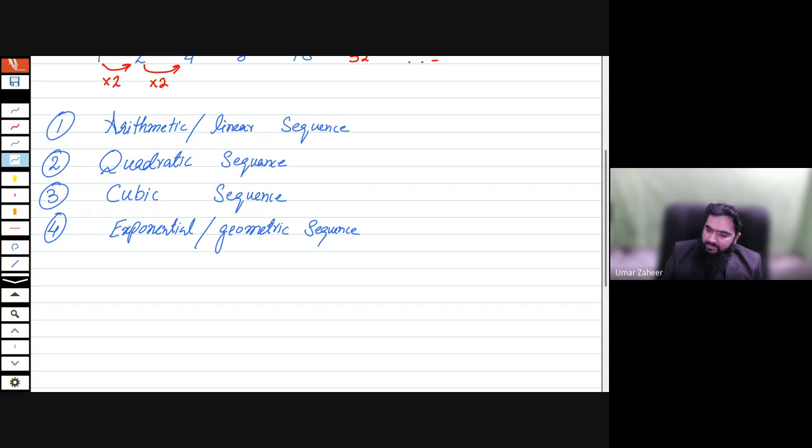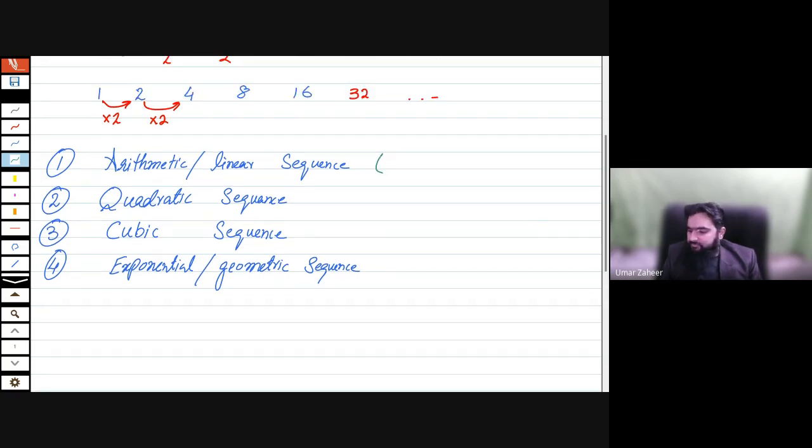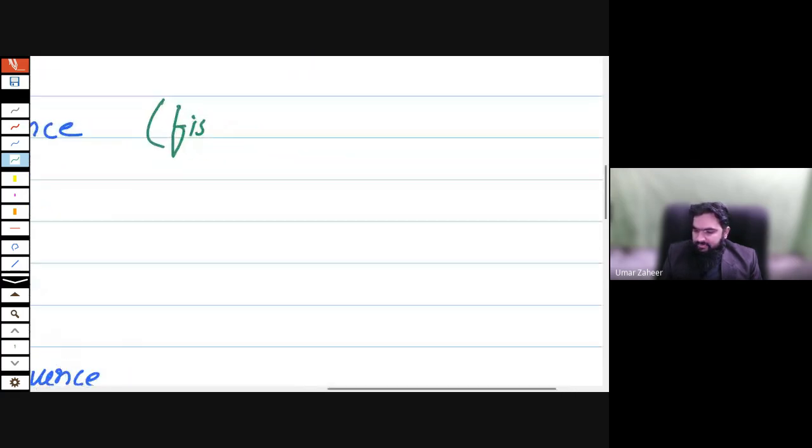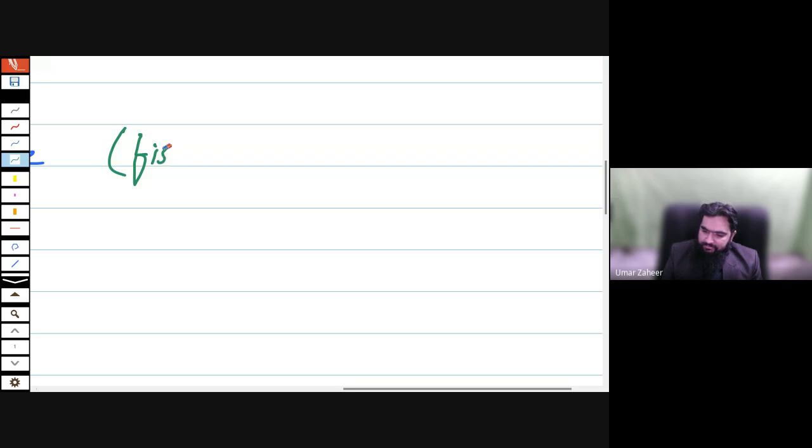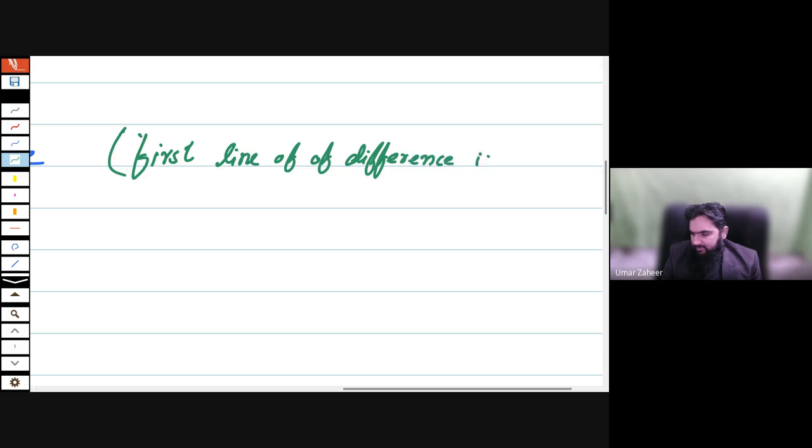In arithmetic sequence, basically, the first line of difference is the same.